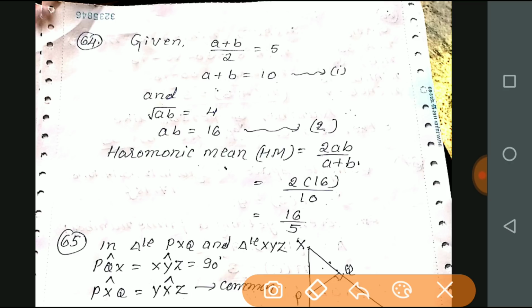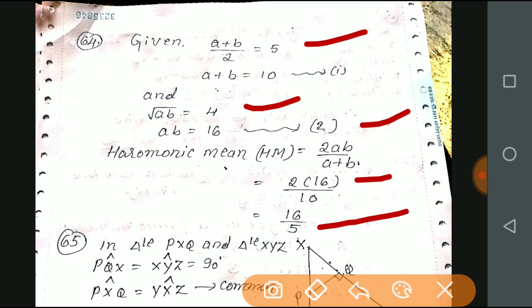Simplify, a plus b is equal to 10, call it equation number 1, and root ab is equal to 4. Now simplify, we get ab is equal to 16. Now we have to find the harmonic mean. Harmonic mean is equal to 2ab by (a plus b). ab is 16, a plus b is 10, then simplify, we get 16 by 5.